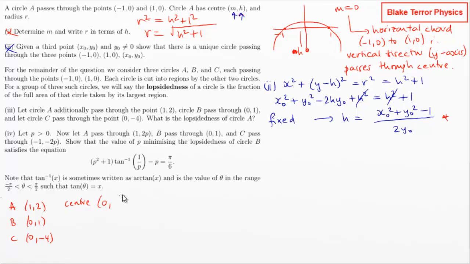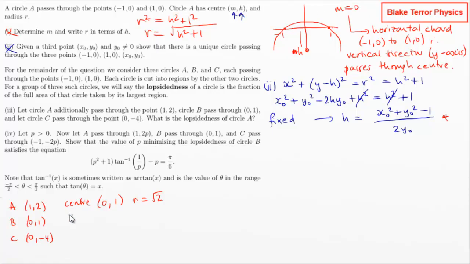So that's going to be at 0, 1 for a centre. And the radius is going to be equal to, what am I doing? H squared. So 1 squared plus 1, root 2 is our radius. For B, that's just going to be a unit circle, isn't it? Because it's going through all these ones.